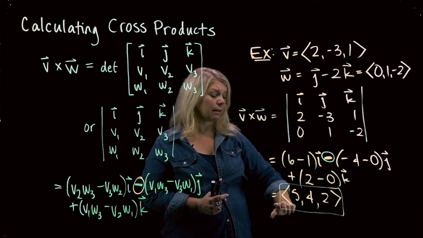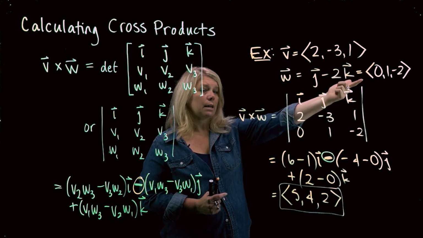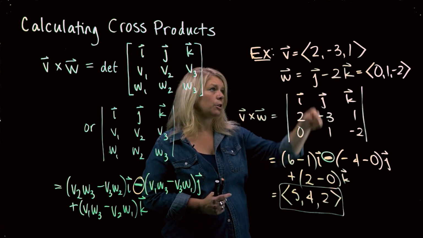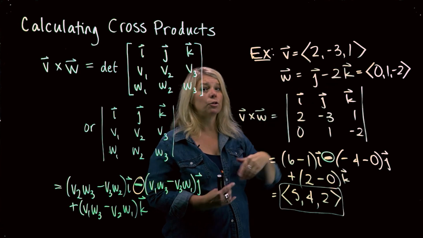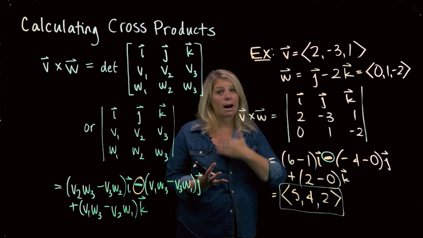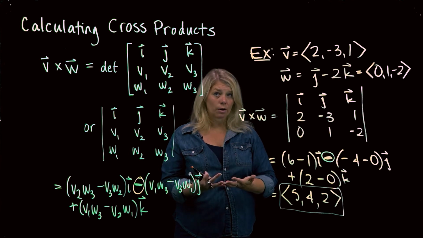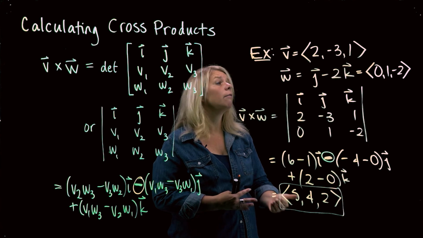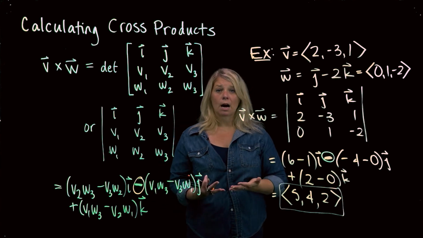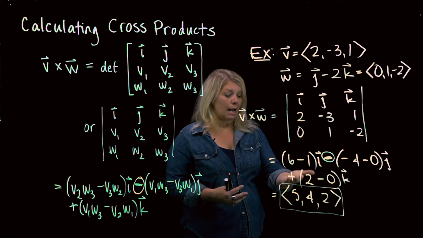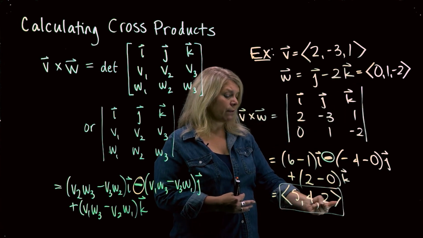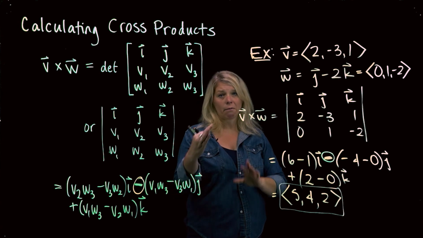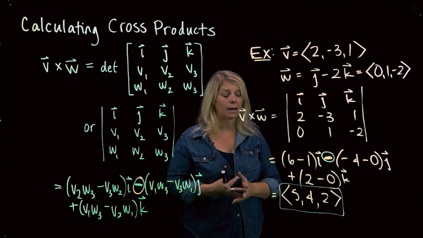And I could also check that the dot product of this vector with w is 0. So you can go ahead and calculate those dot products. 5, 4, 2 dot 2, negative 3, 1, and you should get 0, which again, remember from prior videos, means those two vectors are orthogonal, which might mean that they're perpendicular. Since neither of the vectors is the 0 vector, we can conclude that a 0 dot product would mean perpendicular. And same here. So this vector is perpendicular to both of these two original vectors. Sometimes we want to do something like that when we need a perpendicular framework or for some other applications.